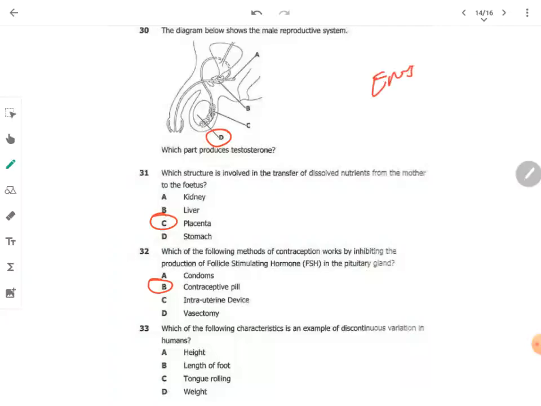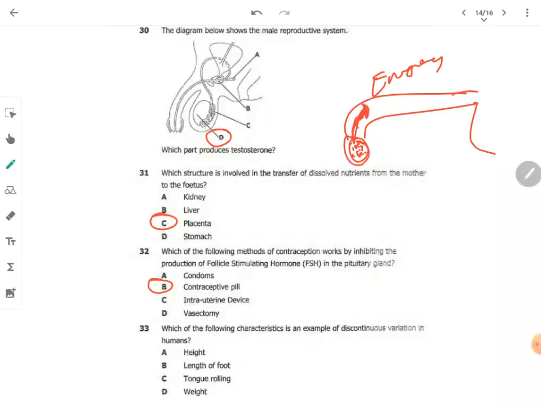The eggs are being produced here. When you take an emergency pill or a contraceptive pill, it blocks the release of eggs. That's what happens with the contraceptive pills.